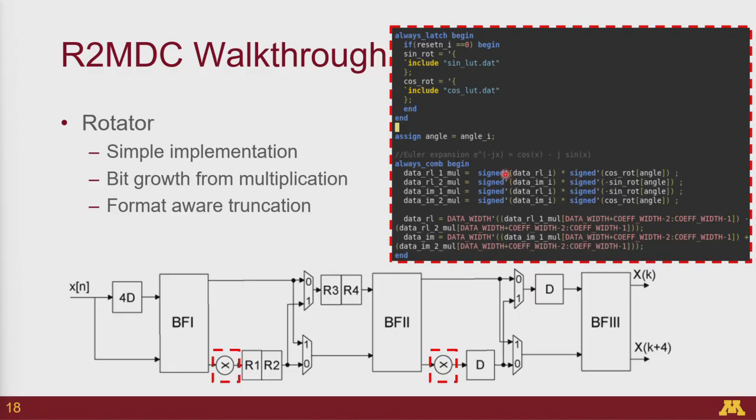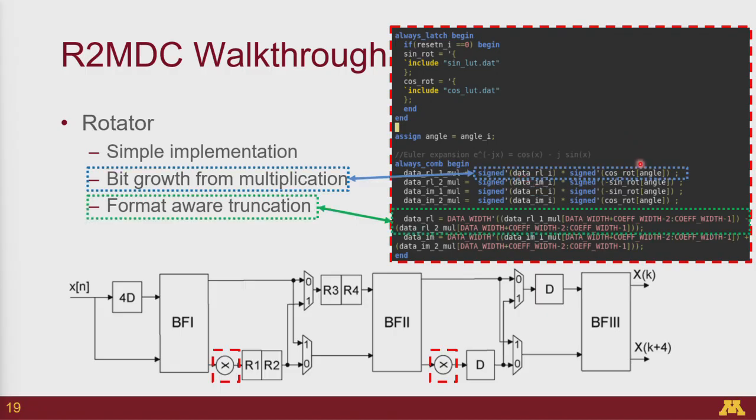In this code, you can also see how we are handling the bit growth and truncation. When we multiply these 2 numbers, of data width and coefficient width, the final result would be data width plus coefficient width in size. Then when we come to the adder, you can see in the code that I've done the truncation here.